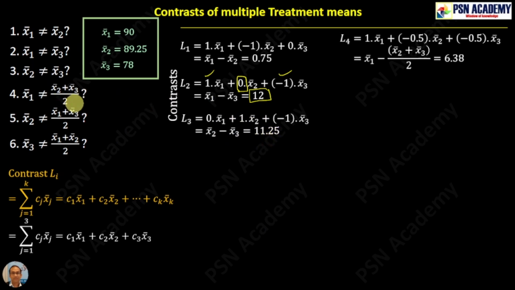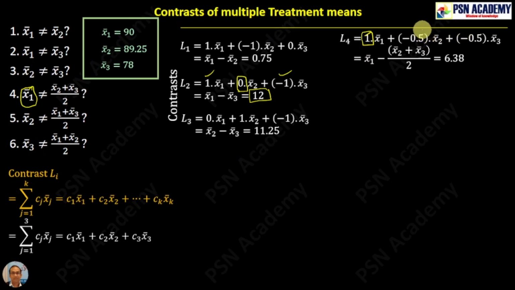The fourth one says that x1 bar is not equal to x2 bar plus x3 bar by 2. That means here all the three sample means are involved, so nobody is getting 0 over here. You can clearly see that x1 bar is getting the whole 1 here, and for x2 bar and x3 bar, the minus 1 has been distributed equally to both of them.